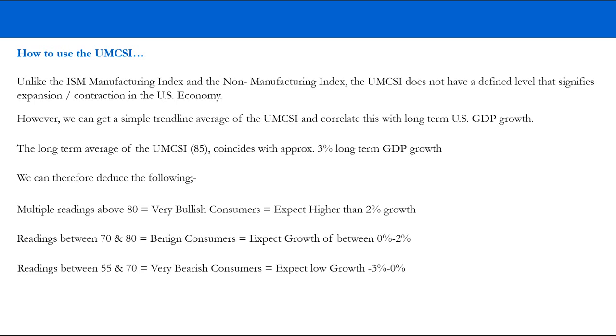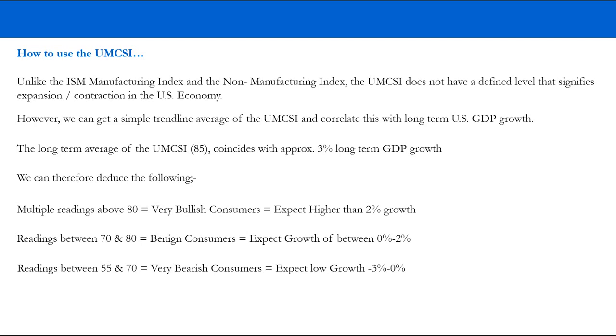If the readings of the University of Michigan Consumer Sentiment Index are above 80, then it means we've got bullish consumers. We can expect a higher than 2% GDP growth. Readings between 70 and 80 are benign consumers, so they're neither bullish nor bearish, and we can expect a growth rate of between 0 to 2%.